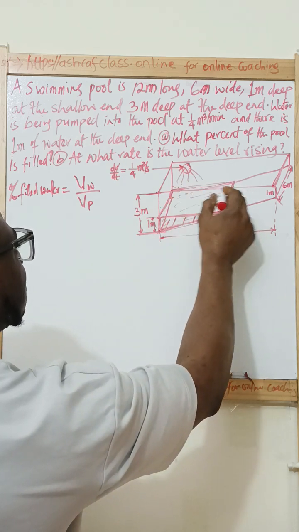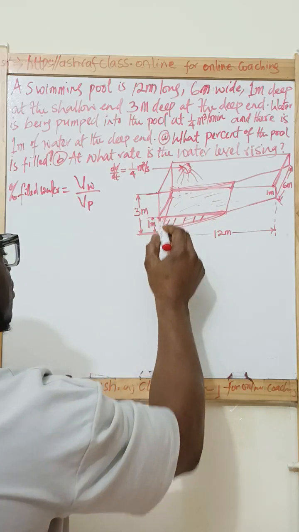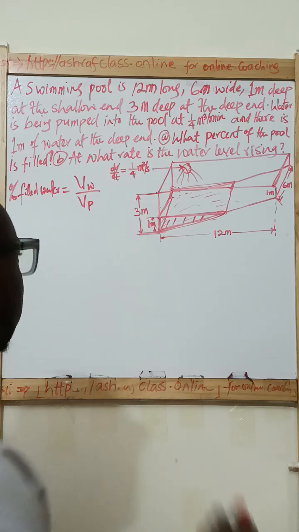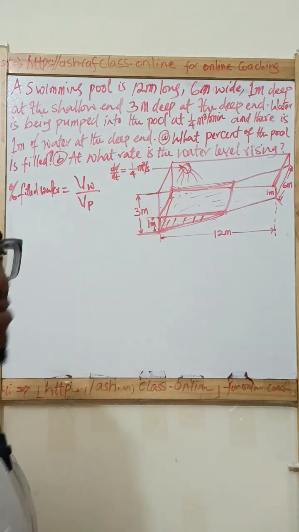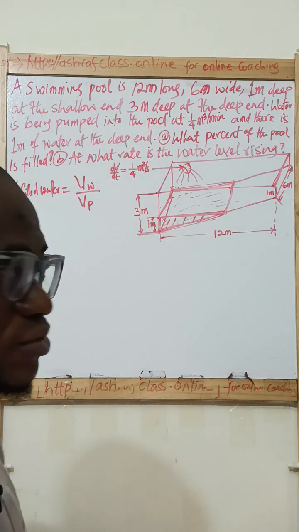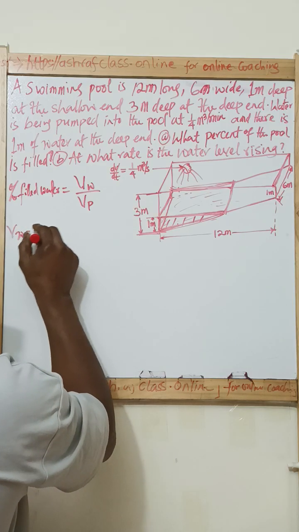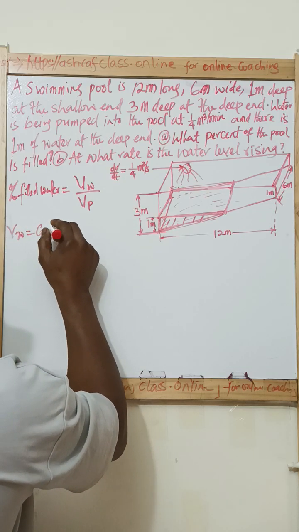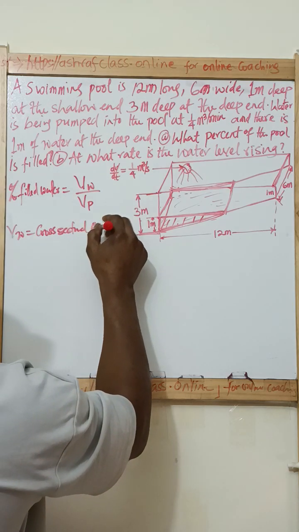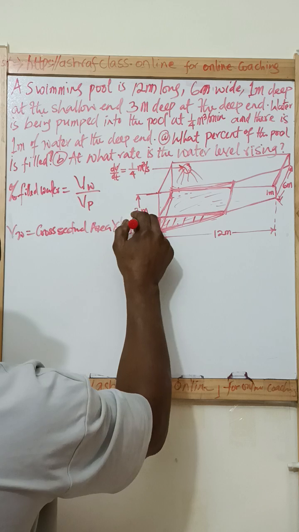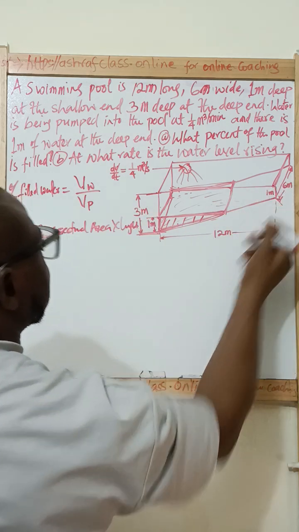A triangle is formed here, so we need to find the area of that triangle and multiply it by the height. So the volume of the water is cross-sectional area times height. The height this time around is this 6 meter.